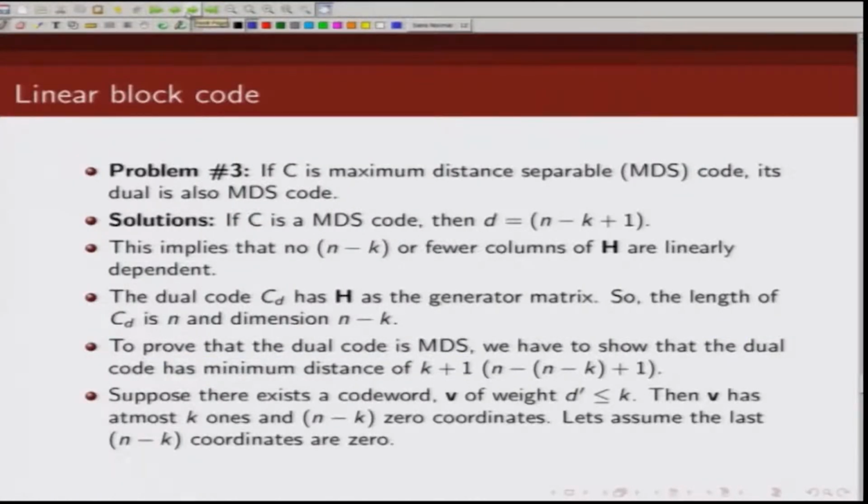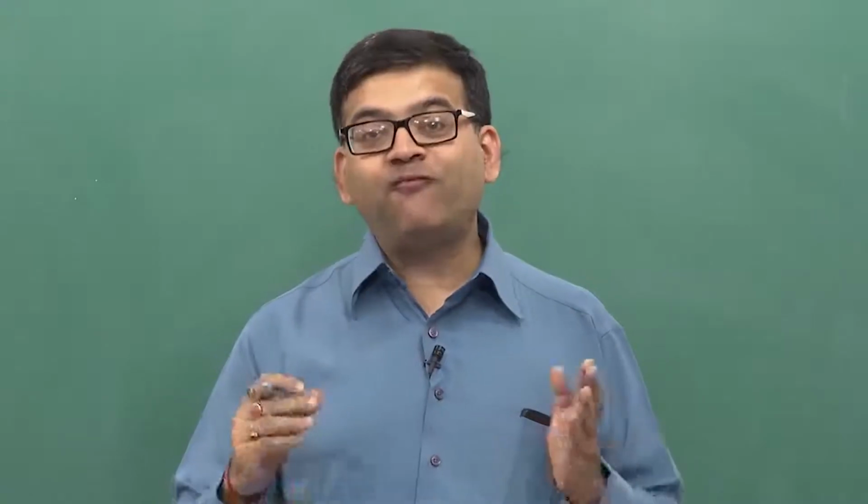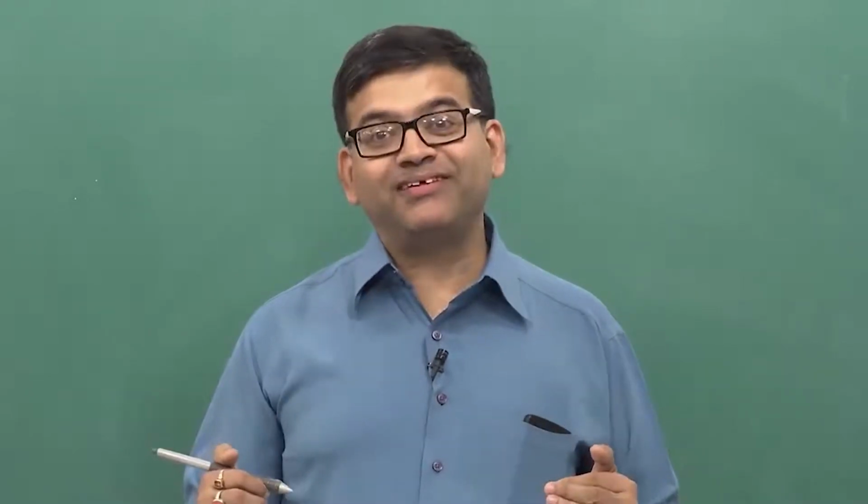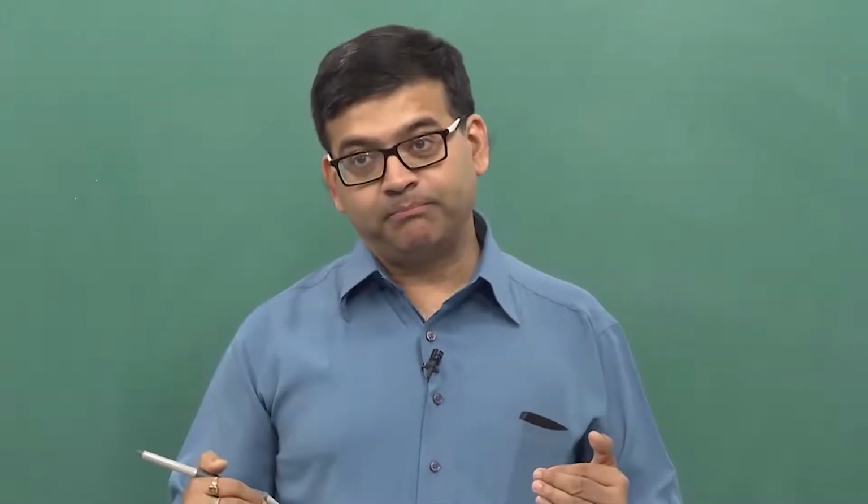Now, to prove this result, we will take help of what we call the method of contradiction. So, how does the method of contradiction work? We will start off with the assumption that there exists a code word of weight less than or equal to k. So, we will assume that the minimum distance is not k plus 1, and then we will show through the properties of this code that this condition is not possible.